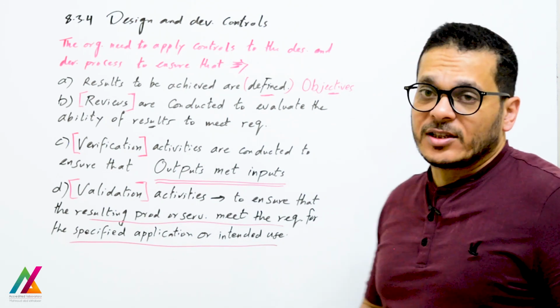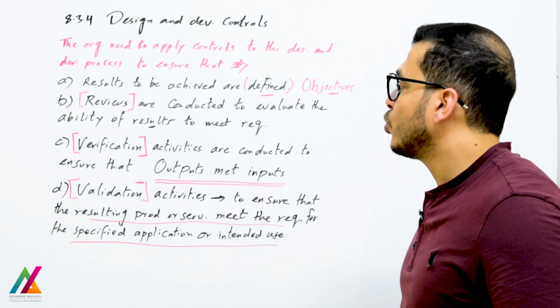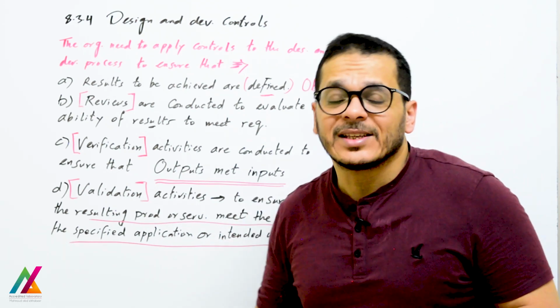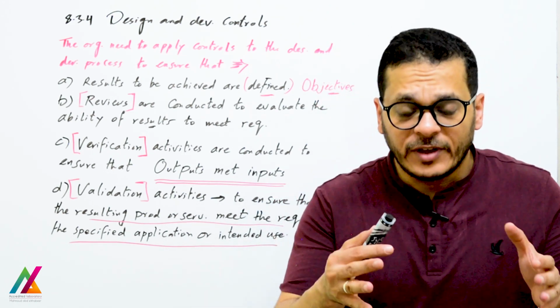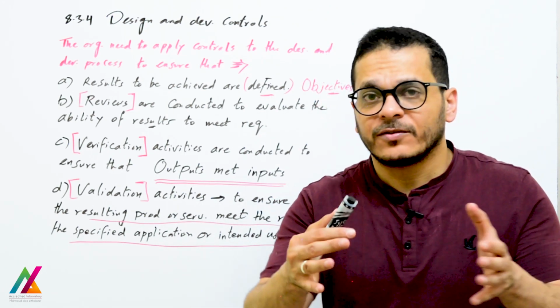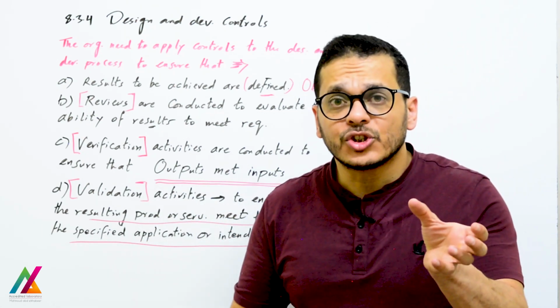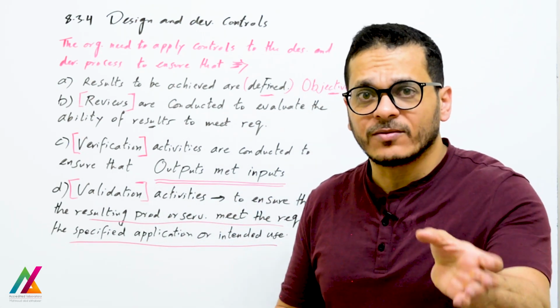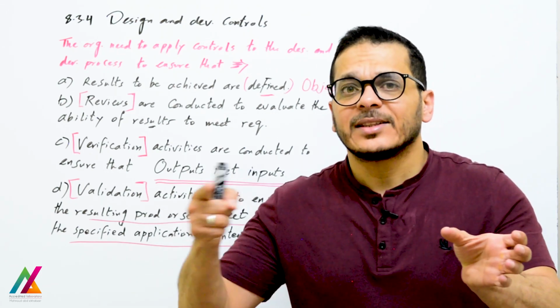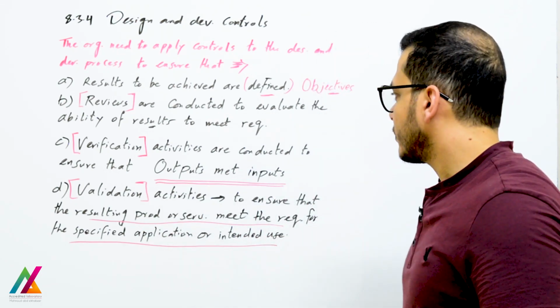Then verification activities. Verification activities are conducted to ensure that outputs meet the inputs. As I said before, after getting the product, you want to verify that the outputs, the product that you get or the service that you did, meet the input requirements.